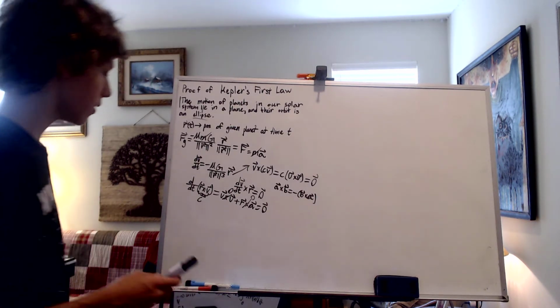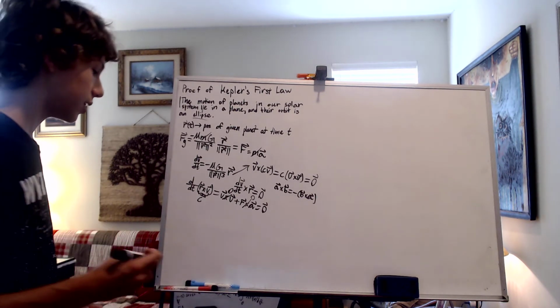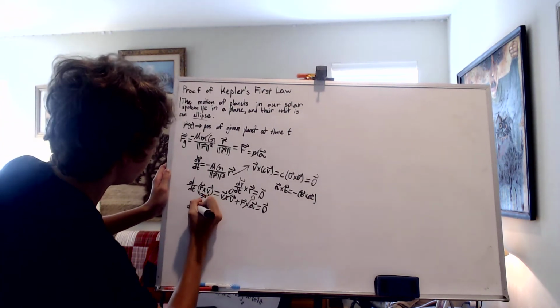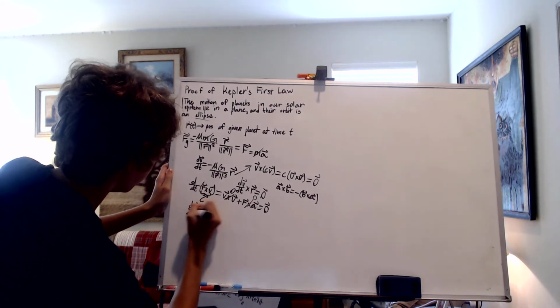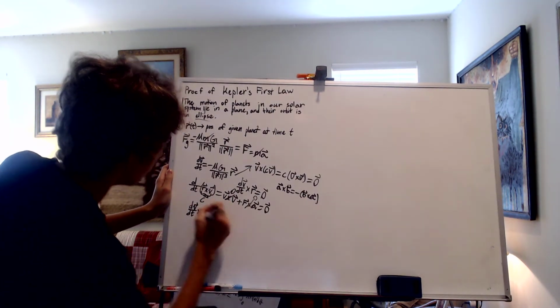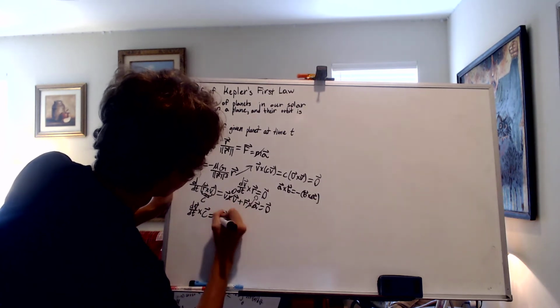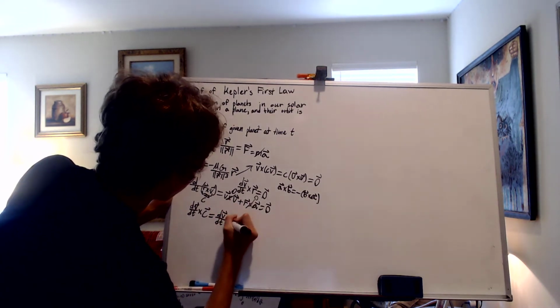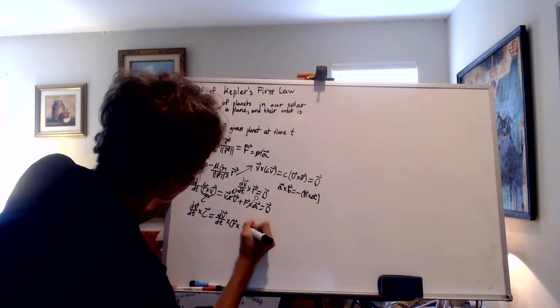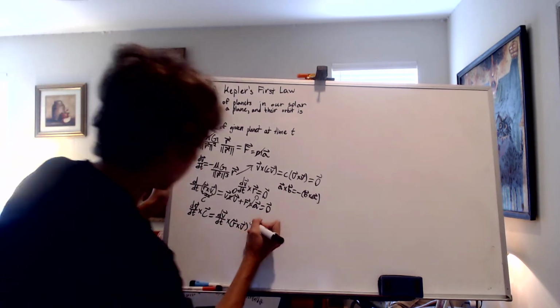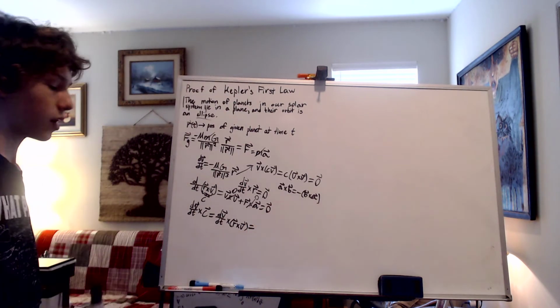Now what we want to try calculating is the following. We're going to calculate dv/dt crossed with c, what we just have here, which is equal to dv/dt crossed with r cross v. Again, this is where the property from the last part of the previous video comes into play.